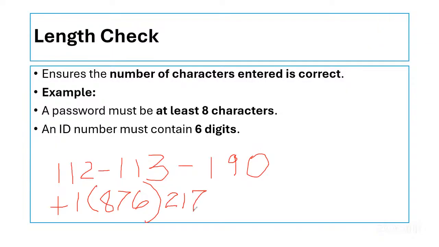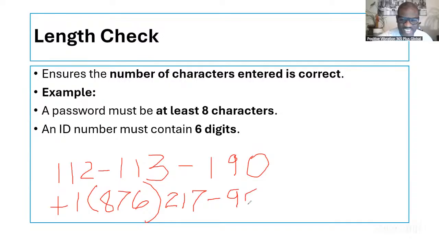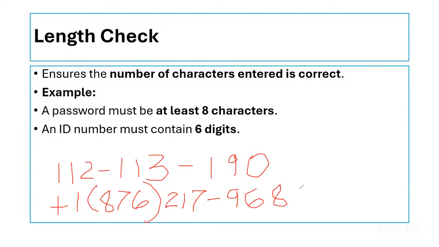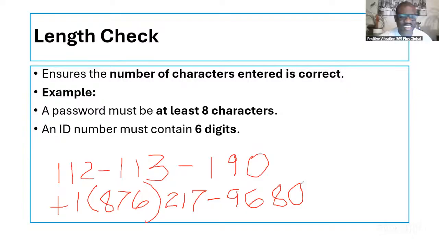Already far off. 9, 6, 8, 0. Let's see how much this is now. 1, 2, 3, 4, 5, 6, 7, 8, 9, 10, 11, 12, 13, 14, 15.